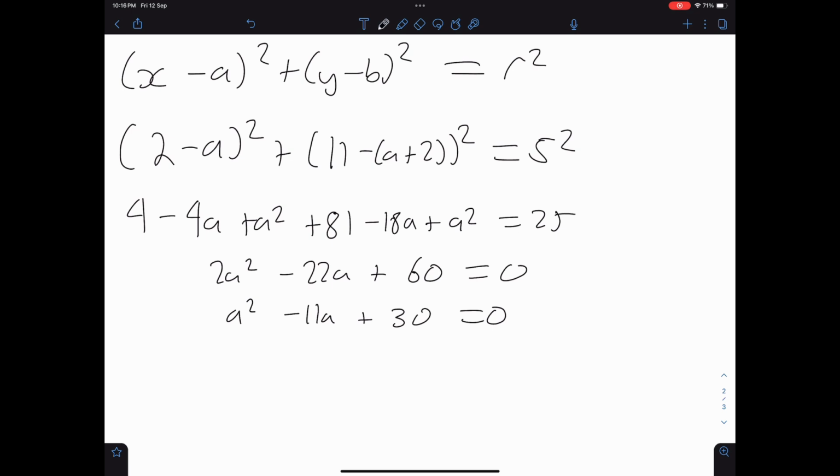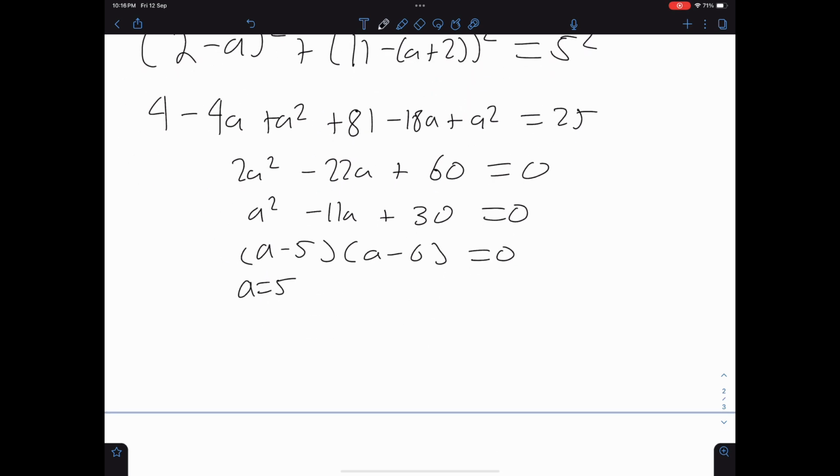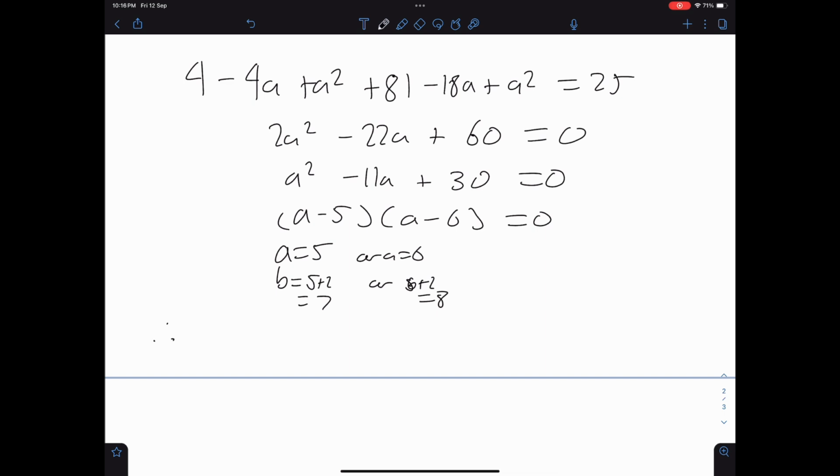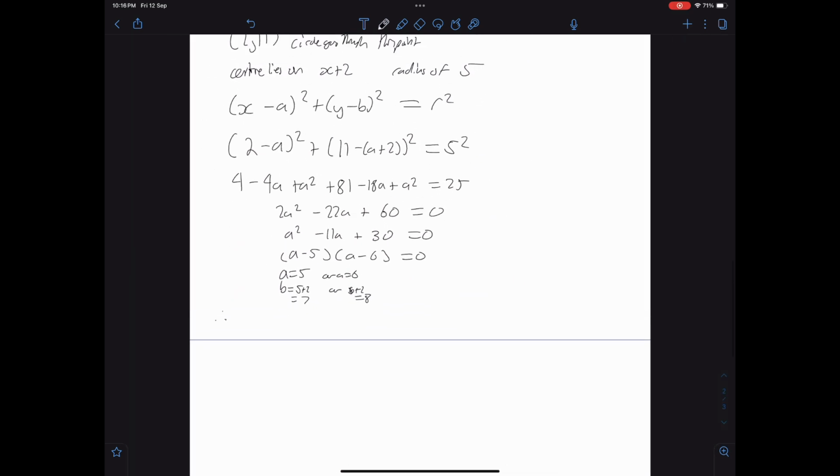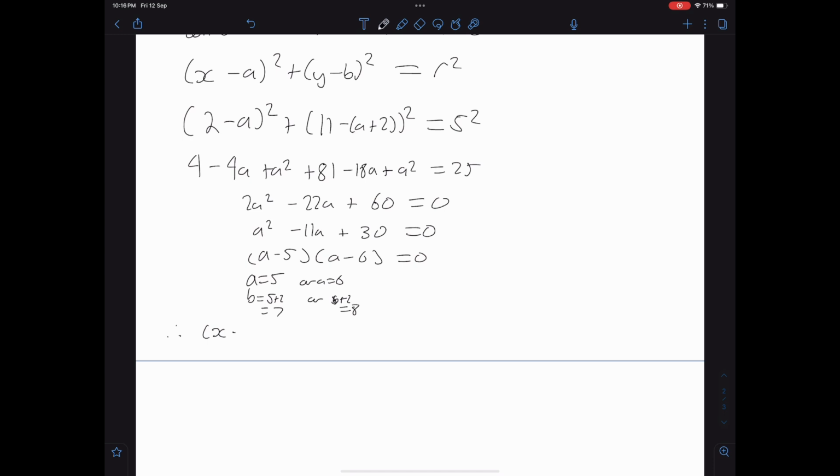And that leads to (a minus 5)(a minus 6) equals 0. So you have two possibilities, a equals 5 or a equals 6. And so that means b equals 5 plus 2 or 6 plus 2, which is 7 or 8. Therefore, you can get two possible equations from this information, by the way. (x minus 5) squared plus (y minus 7) squared equals 25, or (x minus 6) squared plus (y minus 8) squared equals 25.